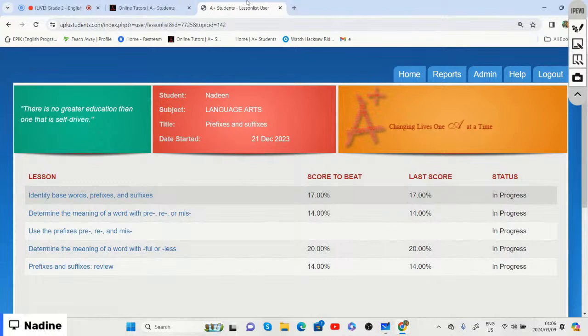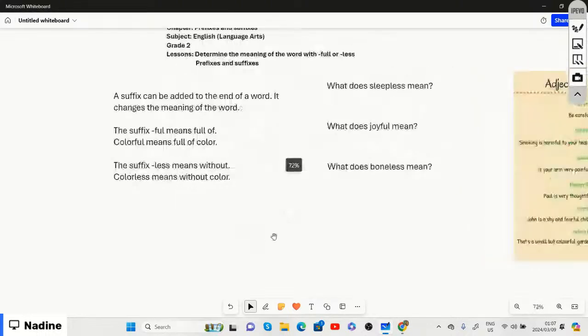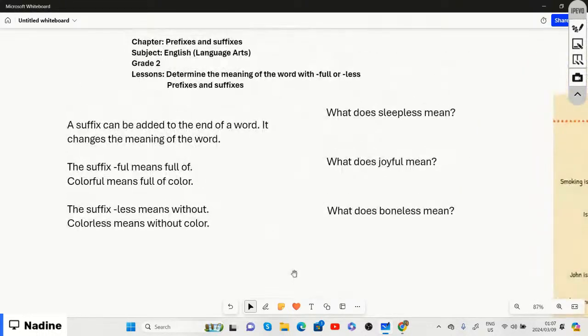In our previous lesson, we also did prefixes and suffixes, but we specifically focused on prefixes, with re, pre, and mis. So today we will be doing suffixes.